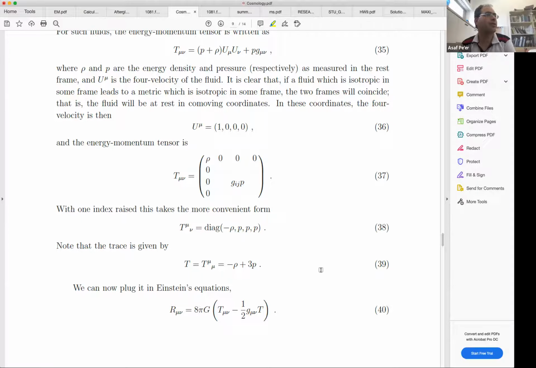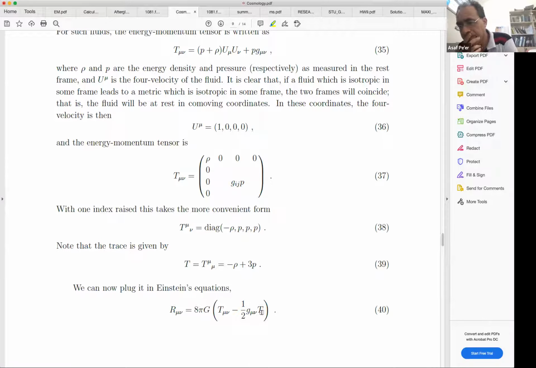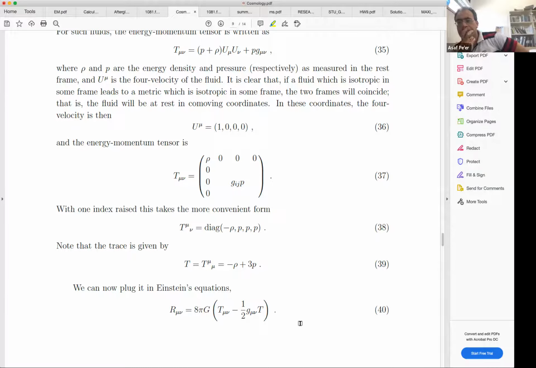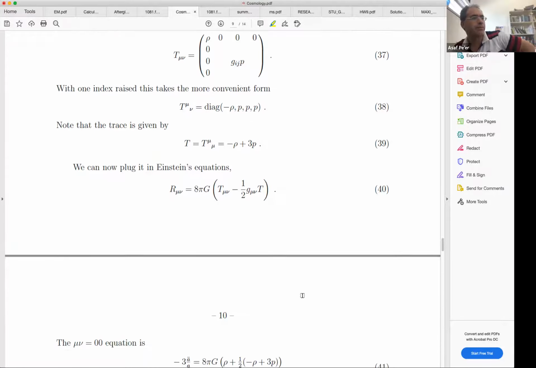Okay, how many equations are written here? 16. 16, right. But in fact, we don't care about many of them, right?